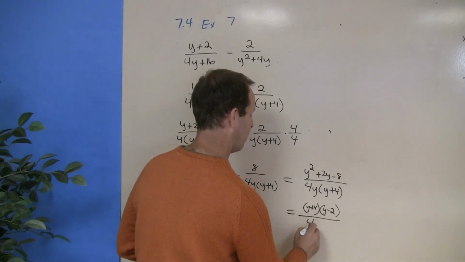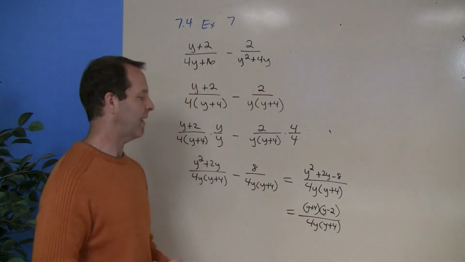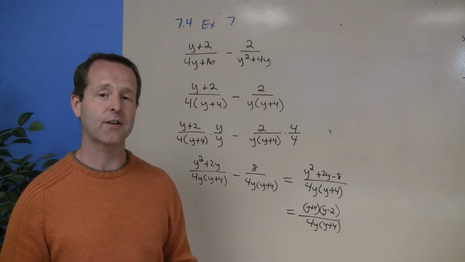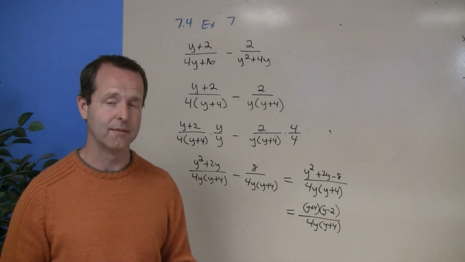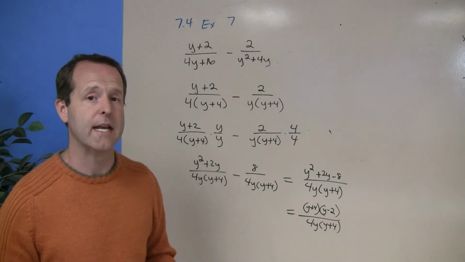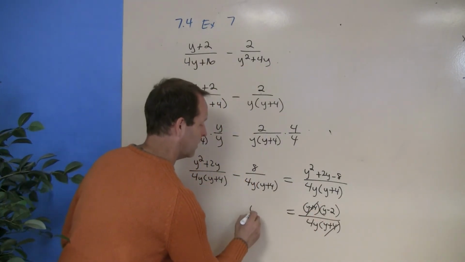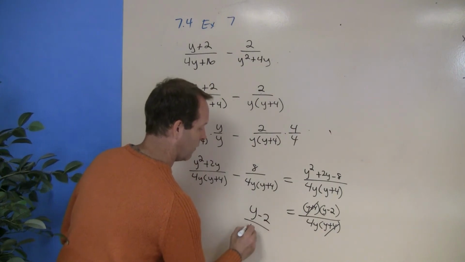On the bottom, I have 4y times y plus a 4. Well, look at that. There does appear to be a factor that's common to the top and the bottom. When that's the case, that's essentially a clever version of 1 hidden in there, and I can cancel those out. My final solution is y minus 2 over 4y.